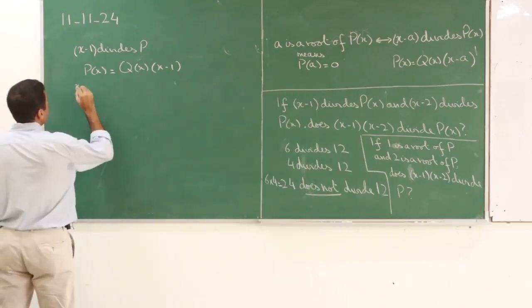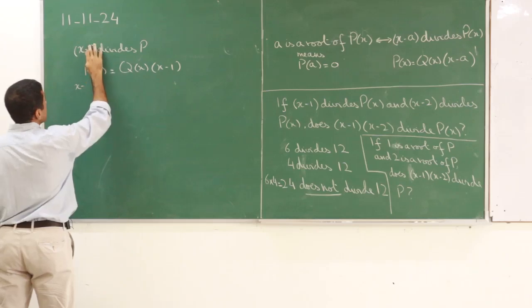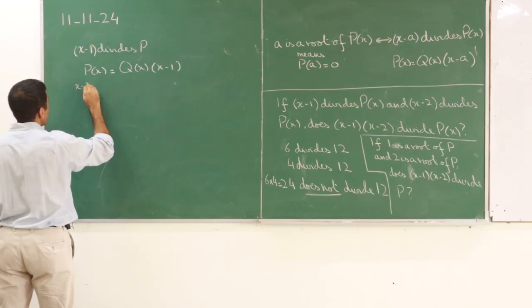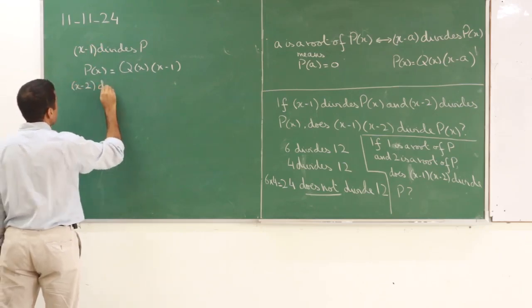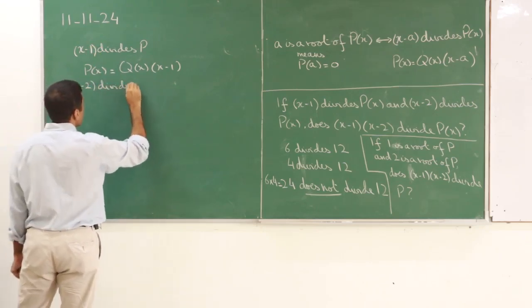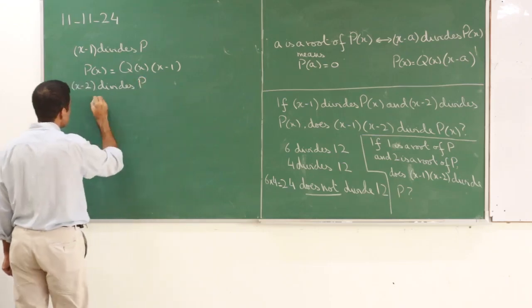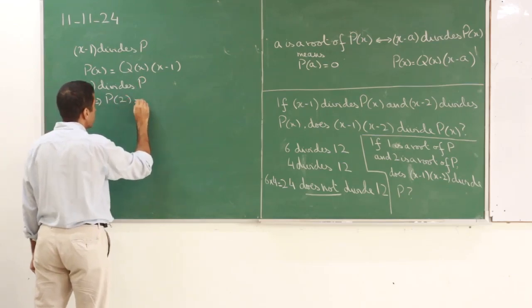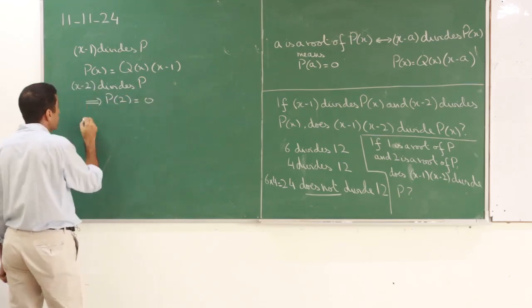So now we also know that x minus 2 divides p. Well, if x minus 2 divides p, this implies, because 2 is a root, p of 2 is equal to 0. So let's evaluate p of 2.